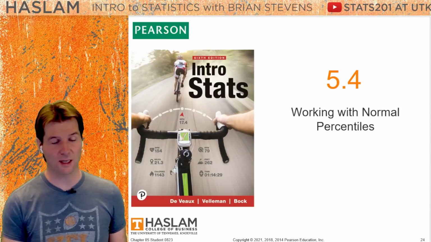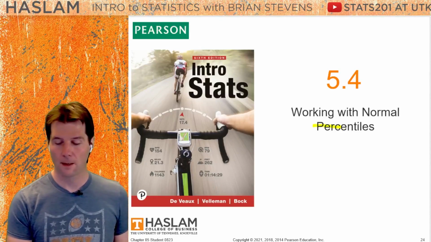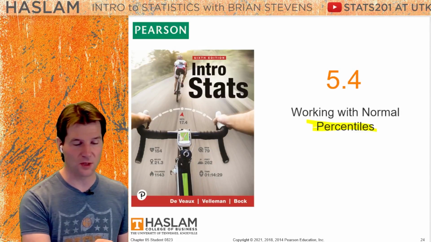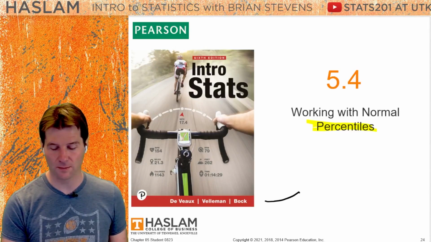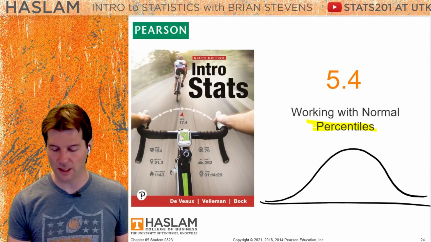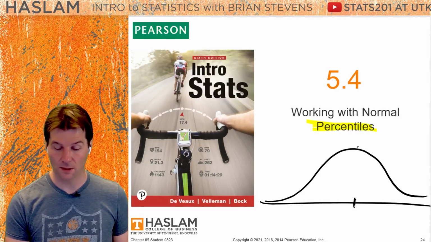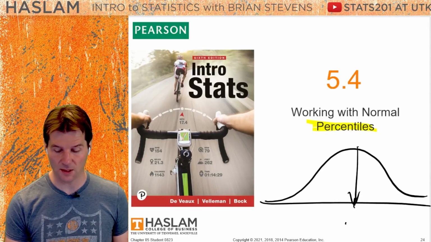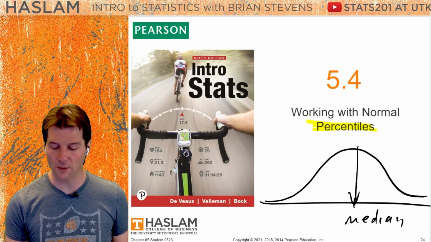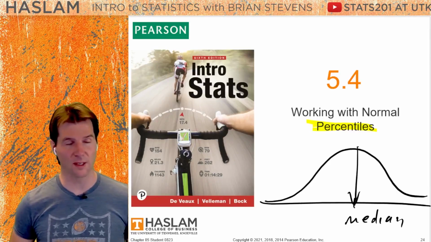But what are percentiles and how would we find them? Well, a percentile is just the percent of data below a certain point. So if you're at the middle of the curve, you're at the 50th percentile. So the median and the mean on a normal curve are the 50th percentile.